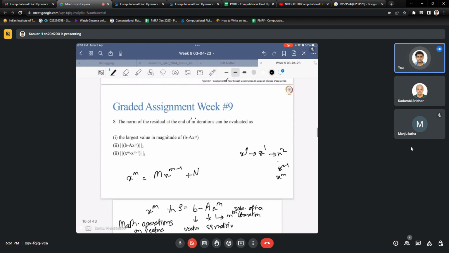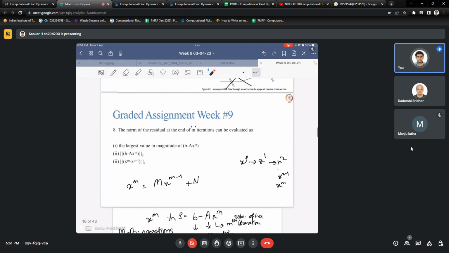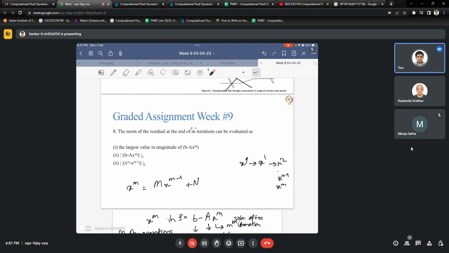Therefore, any of such norms of the residual can be considered as a stopping criteria, or as a criteria for convergence, or ending the iteration. The largest value in the magnitude of b minus A xm would basically mean the infinity norm of the residual.